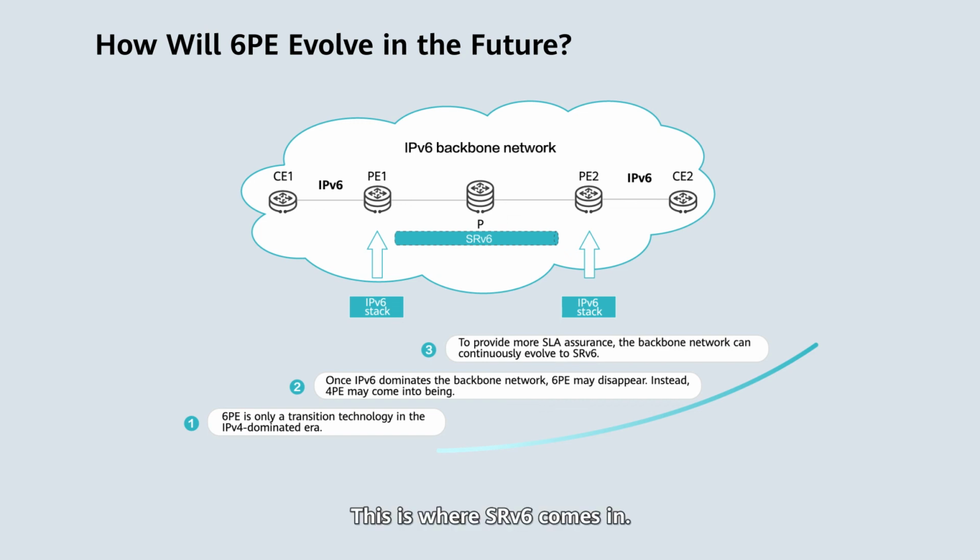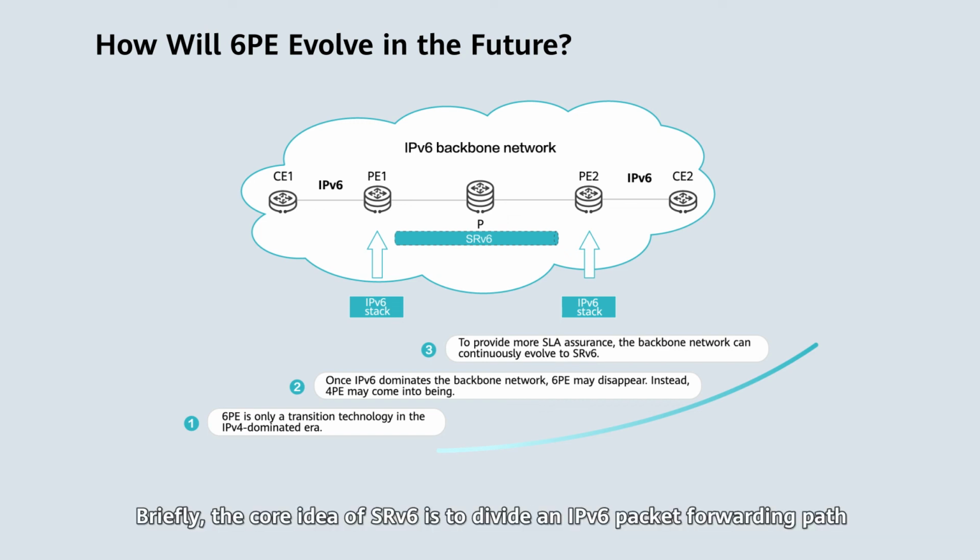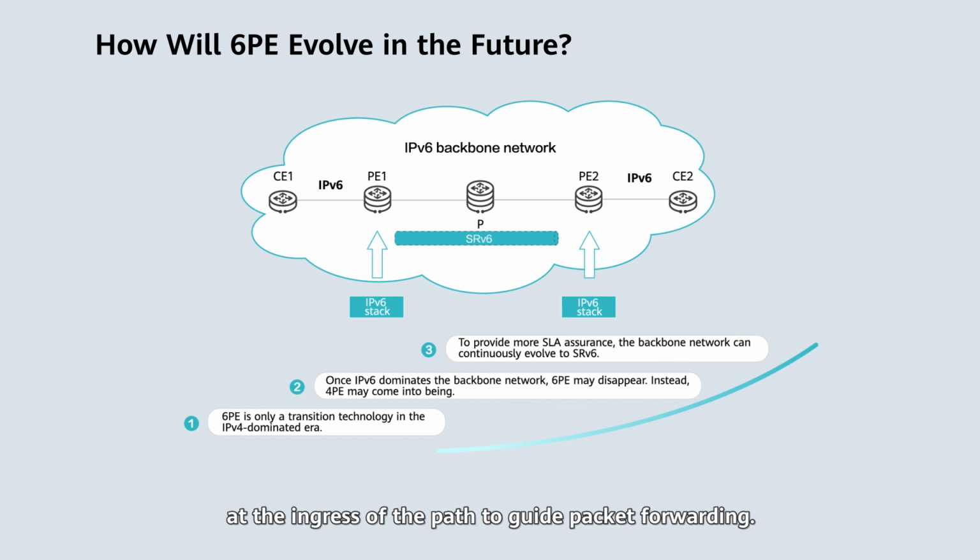This is where SRv6 comes in. Briefly, the core idea of SRv6 is to divide an IPv6 packet forwarding path into different segments and insert segment information into packets at the ingress of the path to guide packet forwarding. It uses a source routing mechanism to implement path planning and TE.